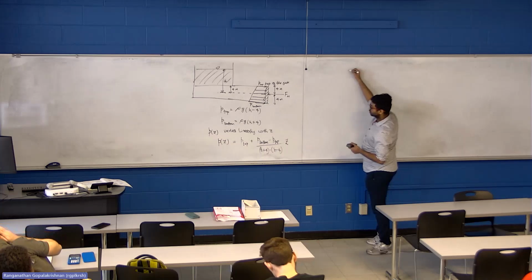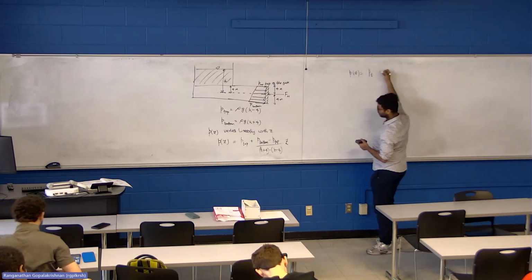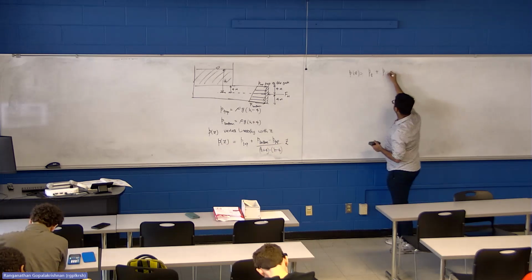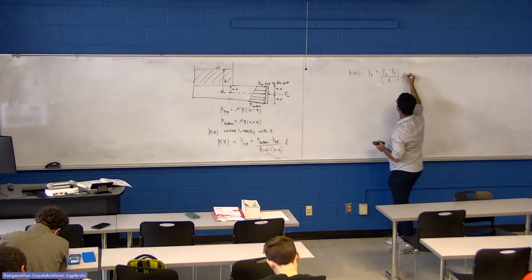Okay, so I'll just write it compactly as P(z) equals P top plus (P bottom minus P top) divided by 8 meters, times z.